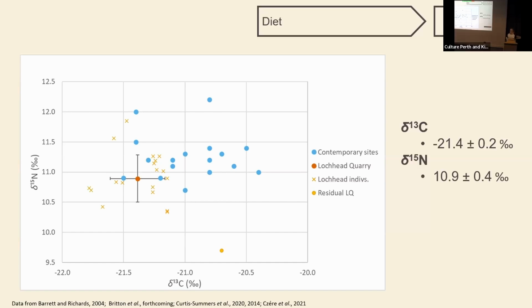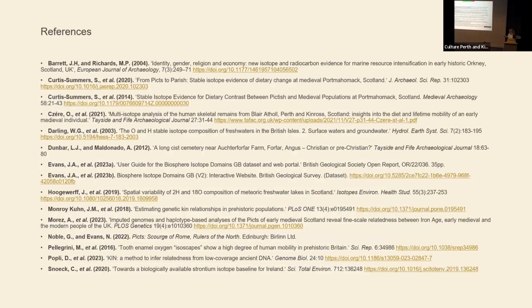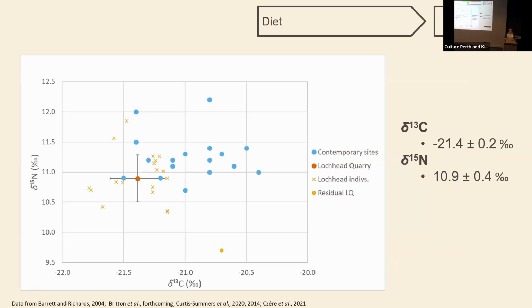We don't have that for Lochhead because it's just an isolated burial ground. We don't have a settlement. But they're not super out of the ordinary, but they are a bit lower than other sites. Yeah, so sulfur is thoroughly consistent with them living in the Lochhead Quarry region in later life. This does not guarantee it, it just means they might have.